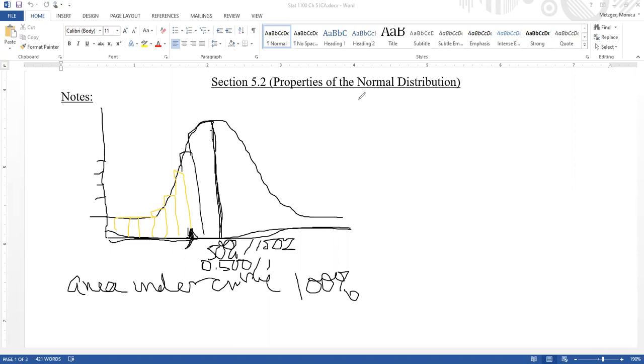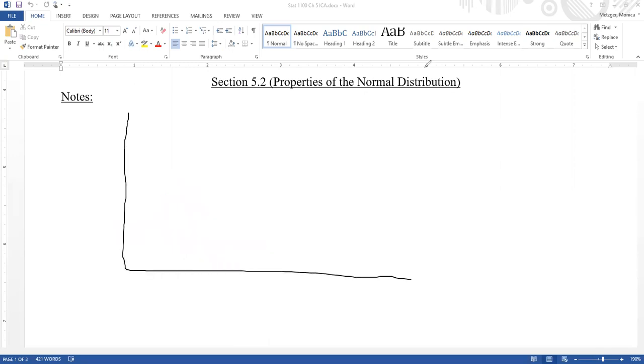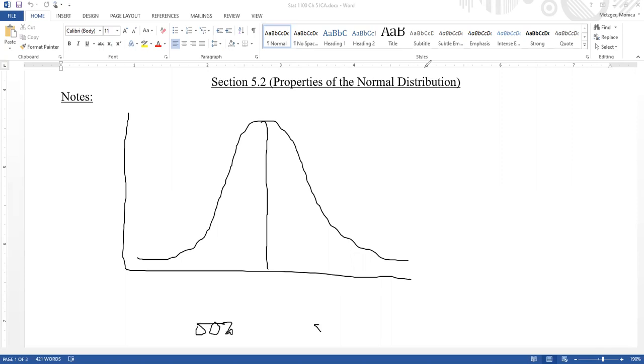And so we can start to break it down in other ways as well. Instead of breaking it down into 50% on one side and 50% on the other, what if we had a way to use the mean of the data set and the standard deviation to figure out other percentages of our data?